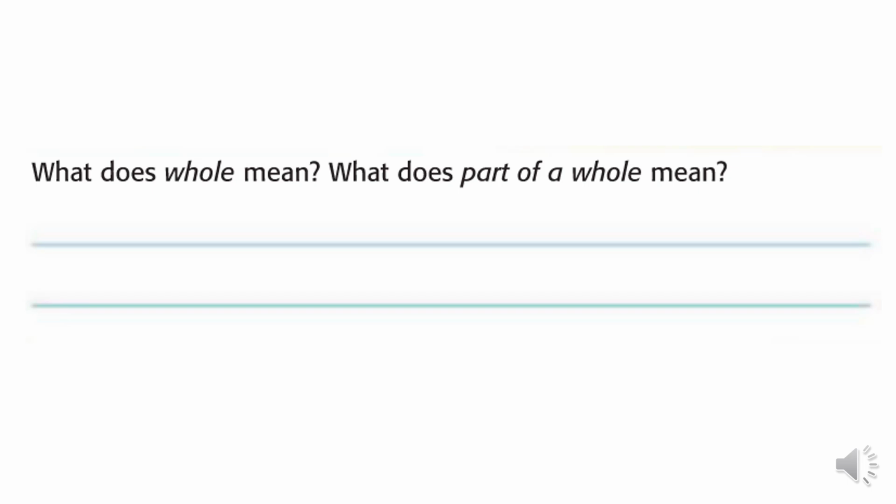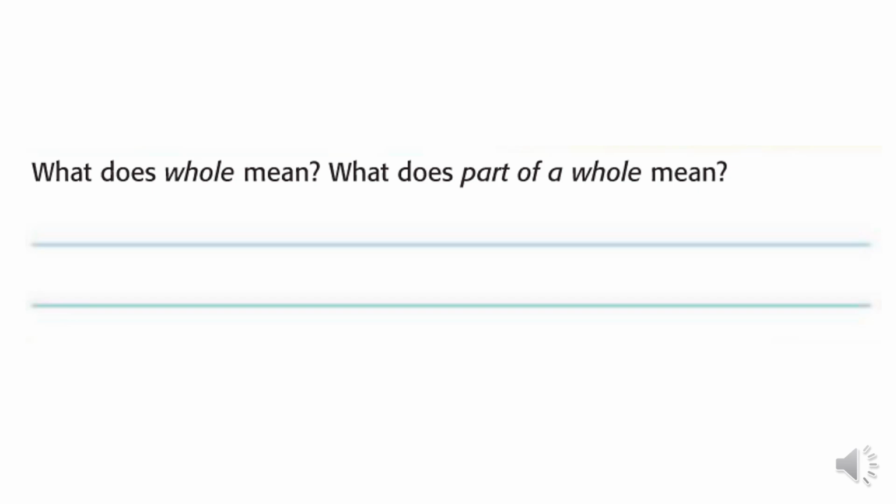Whole means entero, todo, es todo, ¿sí? For example, when you are looking at a whole pizza, it's all of the parts of the pizza, yes? And you're going to write that over there.